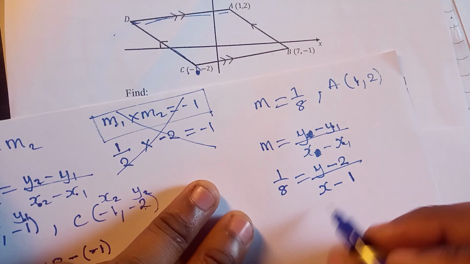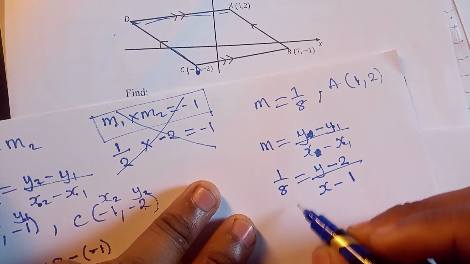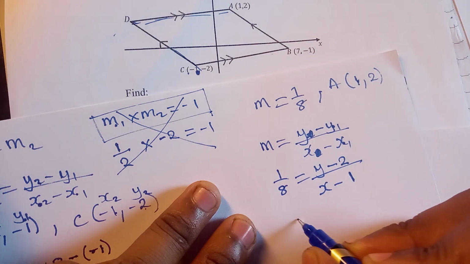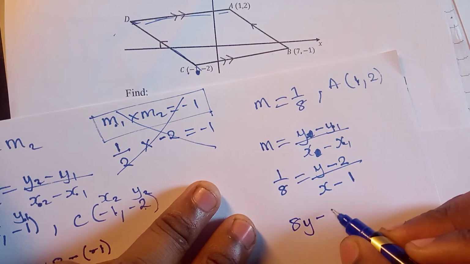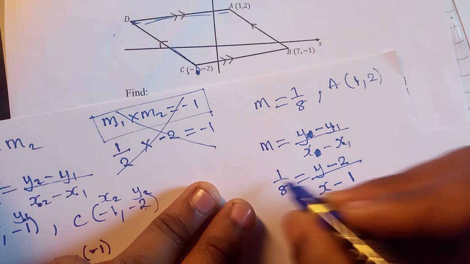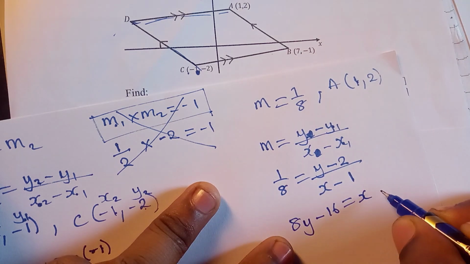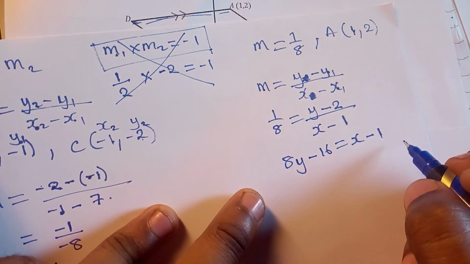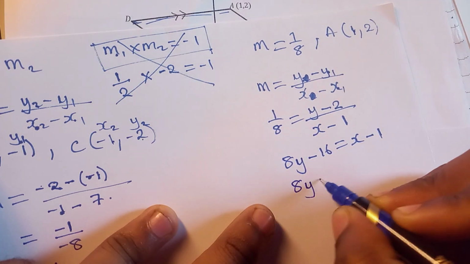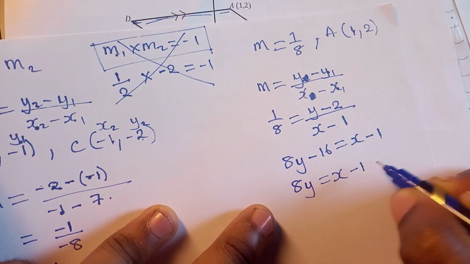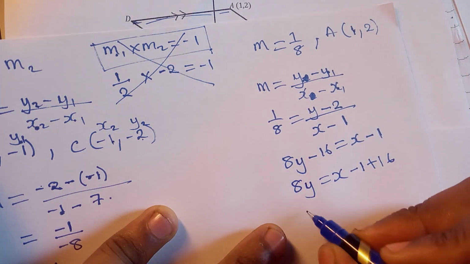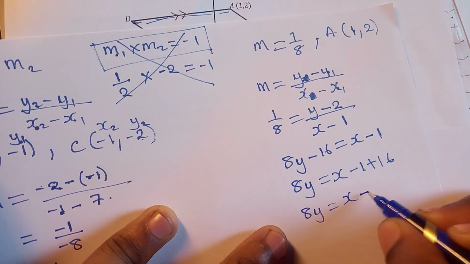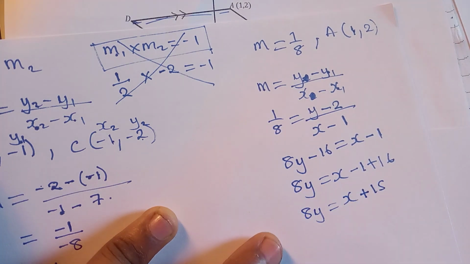Now we can cross multiply this times this and this times that. So this times this will be 8y minus 16, and this times this will be x minus 1. Then you can take the 16 to the other side, so this will be x, and this plus this will be positive 15.